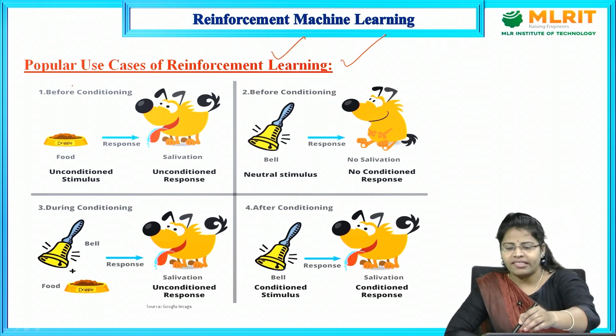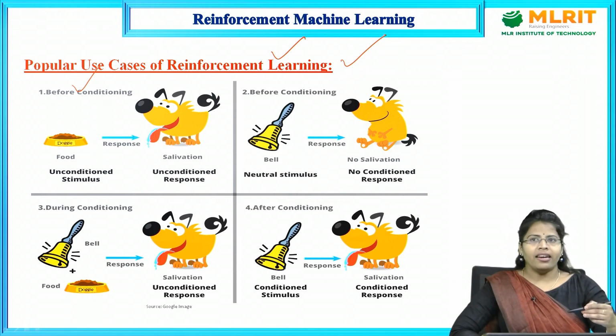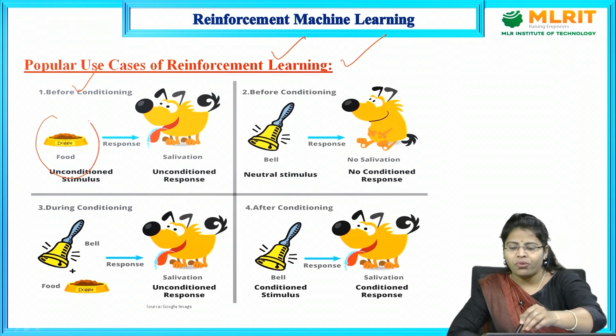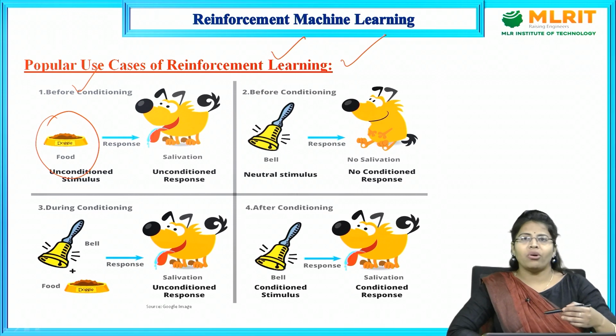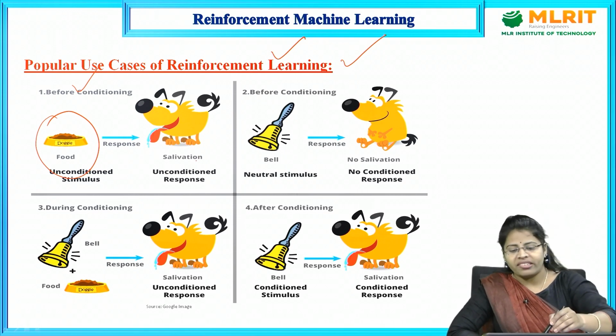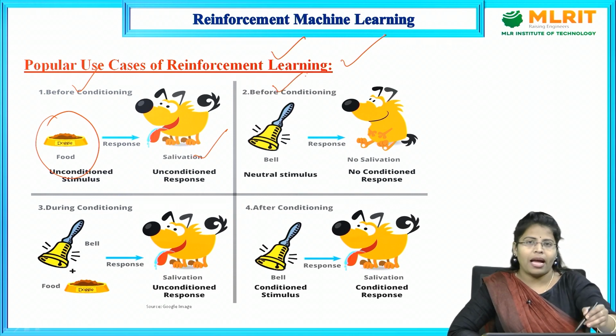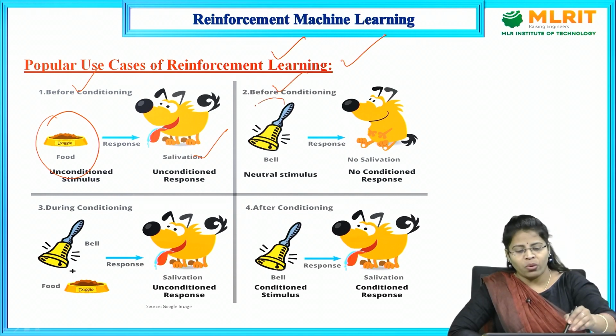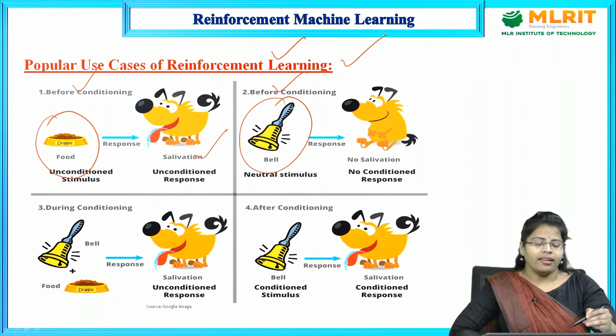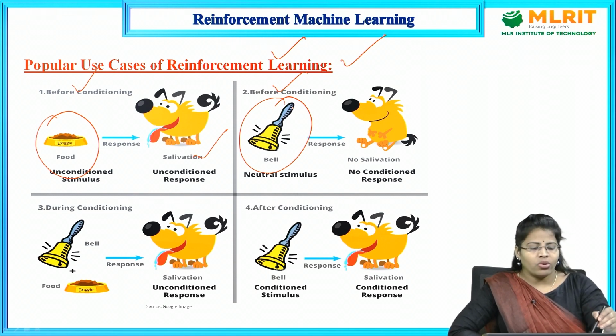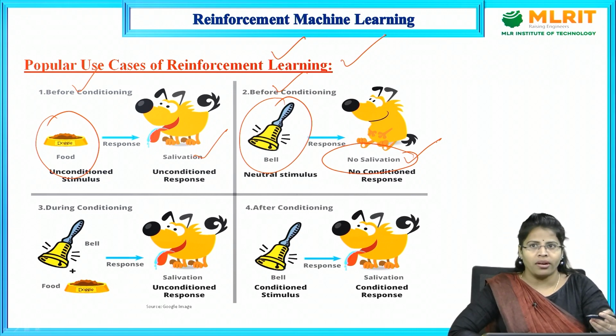In the first stage, as you can see, Pavlov is giving food to the dog. Then how does the dog react? The dog started salivating. In the second stage, what is Pavlov doing? Pavlov rang the bell. Then after he rang the bell, what is the dog doing? It does not start salivating. There is no salivation from the dog.